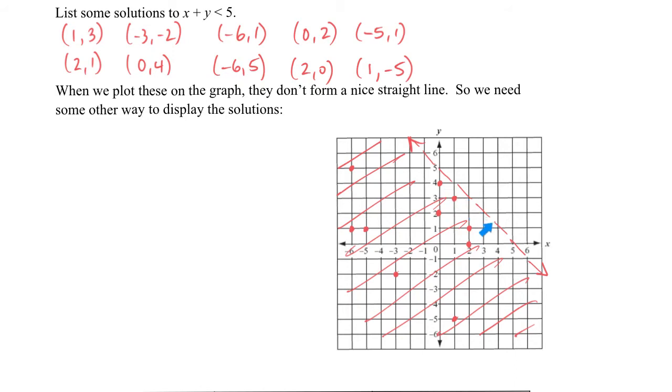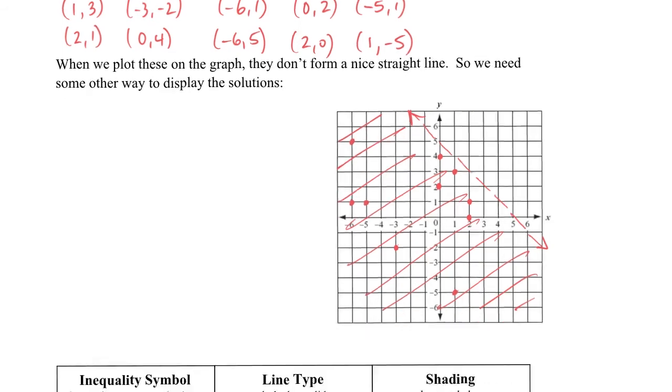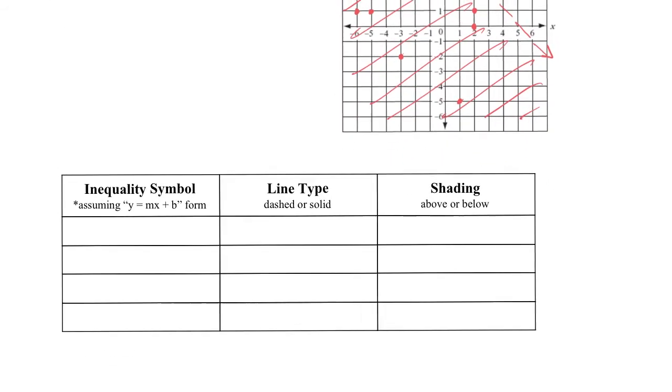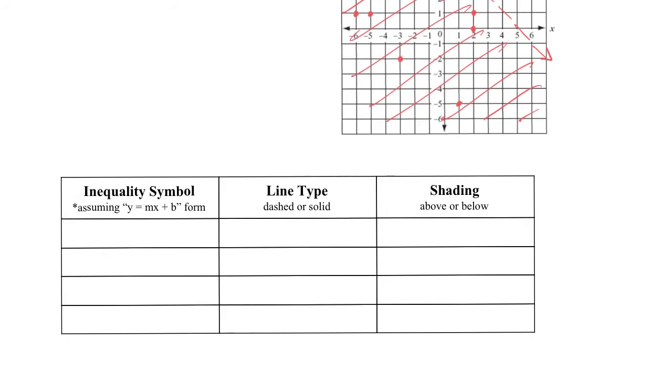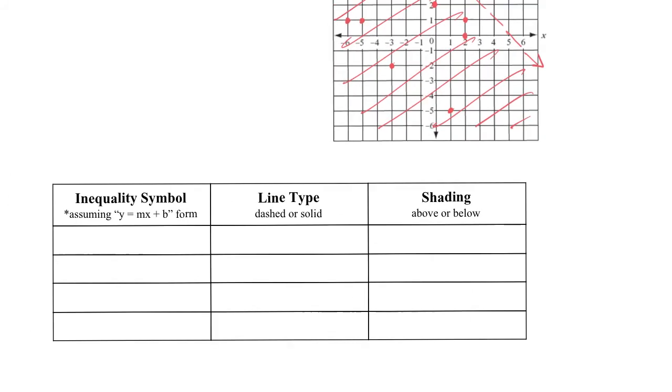This dashed line says that all the points in this shaded region are solutions, but the points that are actually on the dotted line are not solutions. All right, so that leads us to have this table right here. Let's assume y equals mx plus b form. Obviously, I'm using quotations because it's not going to have an equal sign.